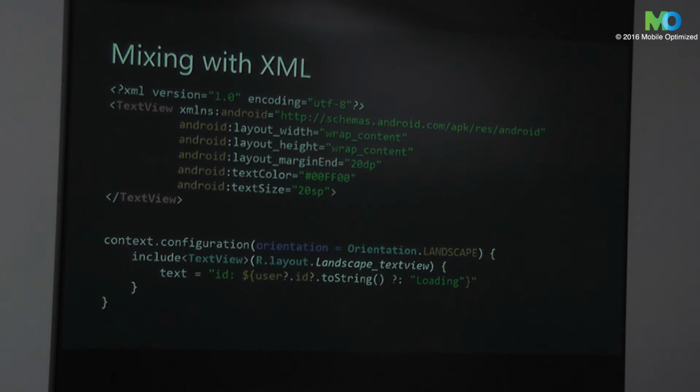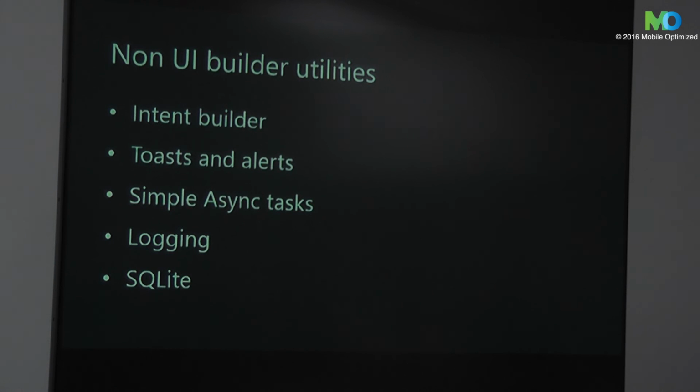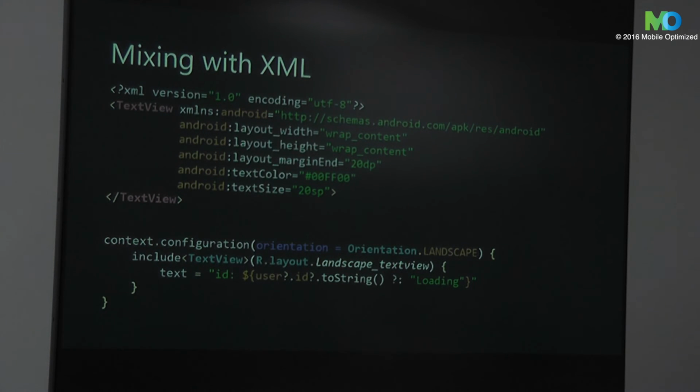We add the ID of the XML, and then we also have this block where we can configure or set up our text view further. So we just didn't create the text view here, but we can set it up here like the other parts of the Anko code. And that was it about layout building.